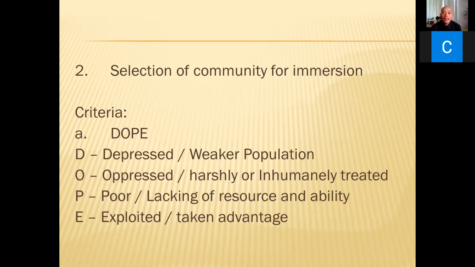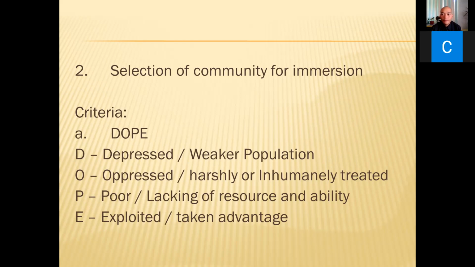So how do we select a community for immersion? It's not just going to any community. It's not randomly choosing. For example, I will ask all of you to write your barangay on a piece of paper, then we draw lots. Where will we do community work this week? Whose barangay will we go to this year? Draw lots. We don't do that.